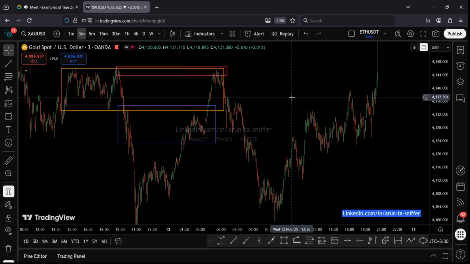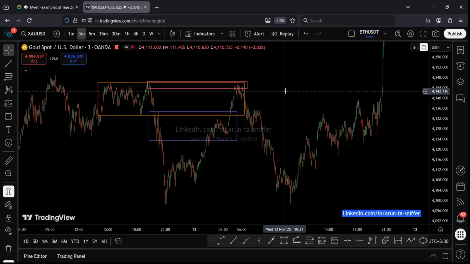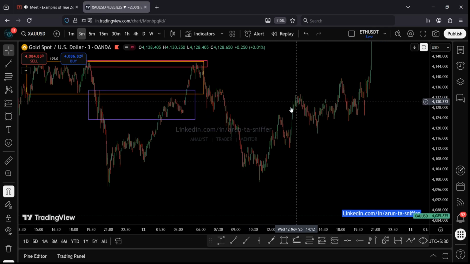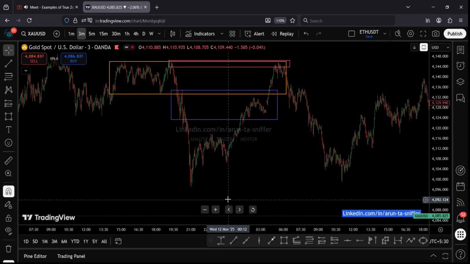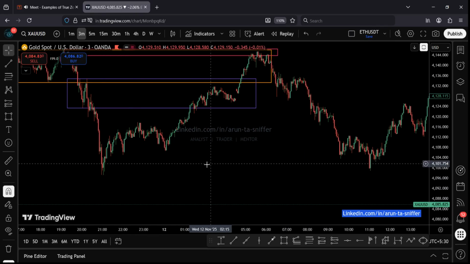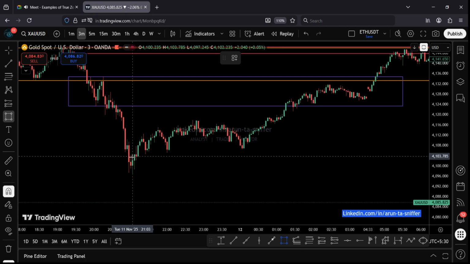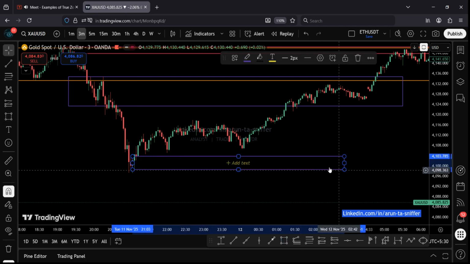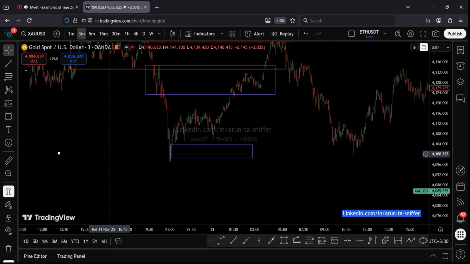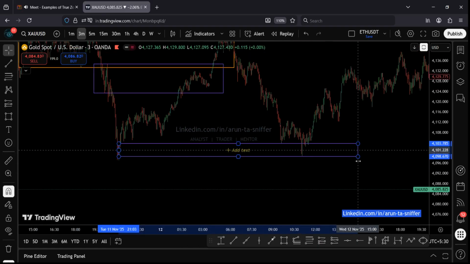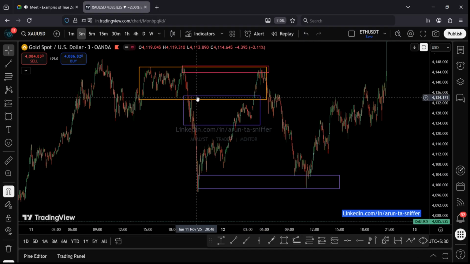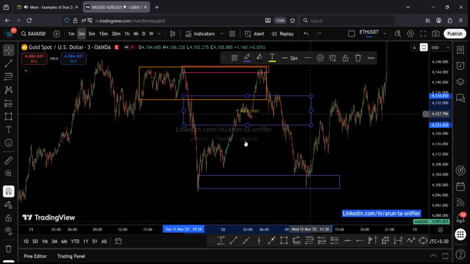So what is happening here? Price coming back and reaching to this OR. This could not cross below, but engulfing this, coming back, the first will be here.